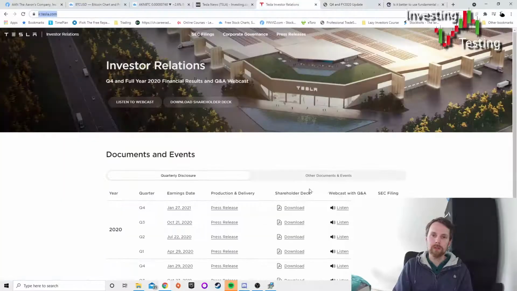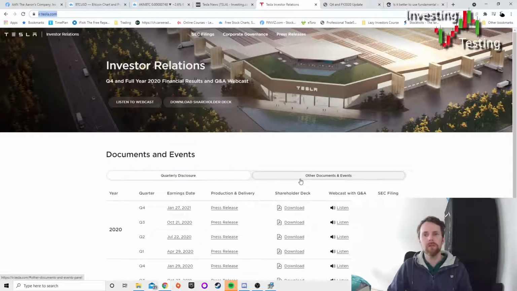You're also wanting to know how the managing directors are doing. So you can search out their profiles. You can find out how well they know their industry. Of course, everyone knows that it's Elon Musk at the helm, and he's relatively good at what he does.